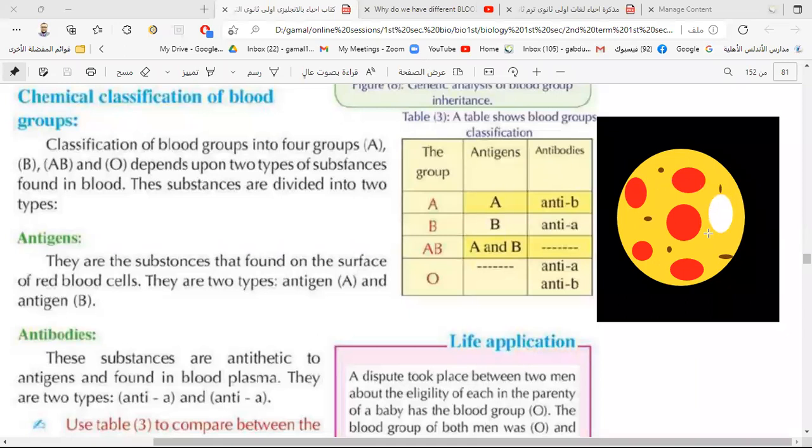This is the structure of the blood: white blood cells, red blood cells, and plasma. This is the plasma of the blood. And this is the red blood cell.